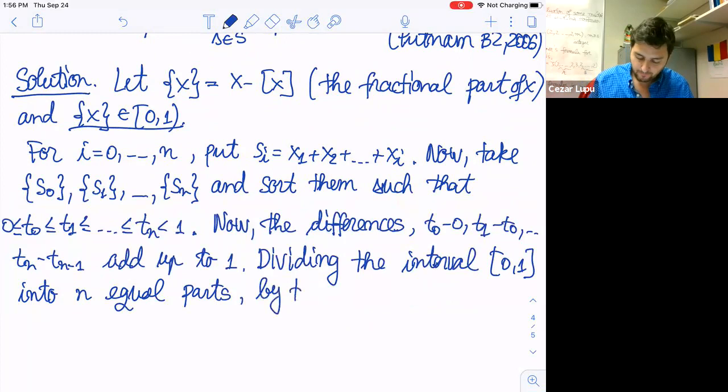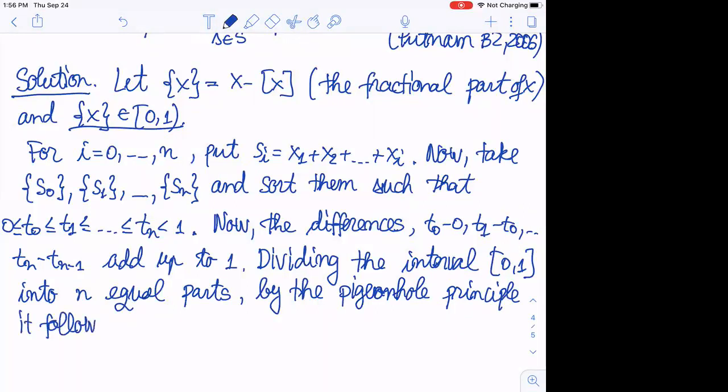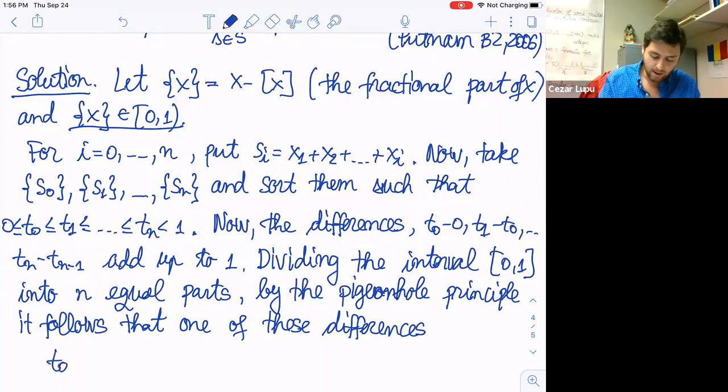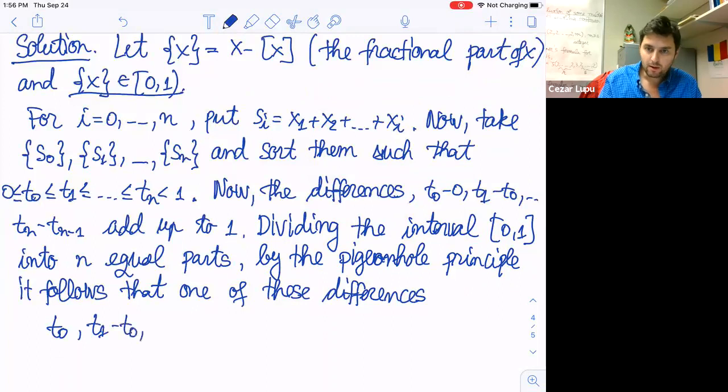By the pigeonhole principle, it follows that one of these differences, t_0 minus 0, which is t_0, t_1 minus t_0, t_2 minus t_1 and so on, t_n minus t_(n-1), is less than or equal to 1 over n plus 1, right?